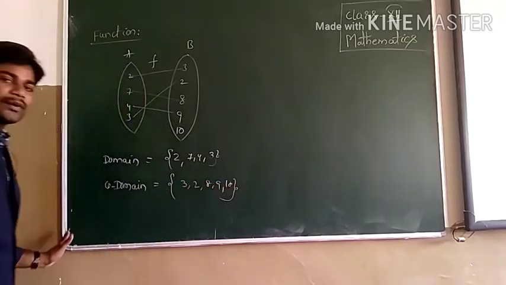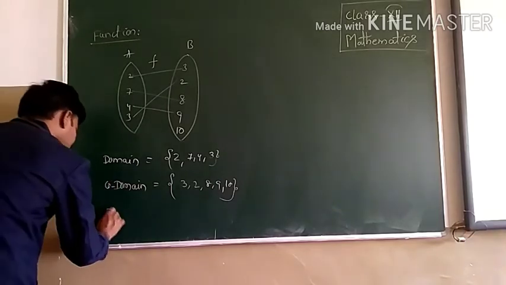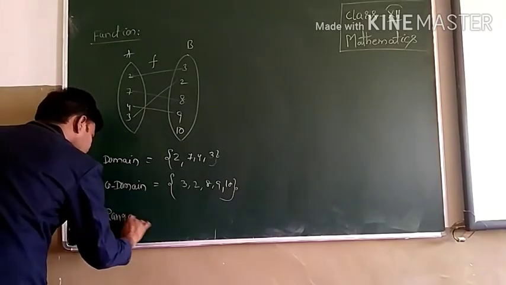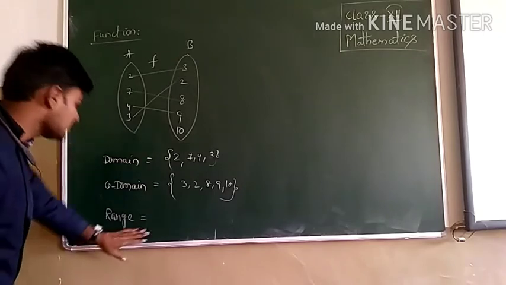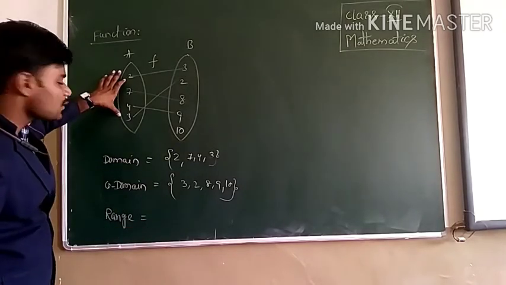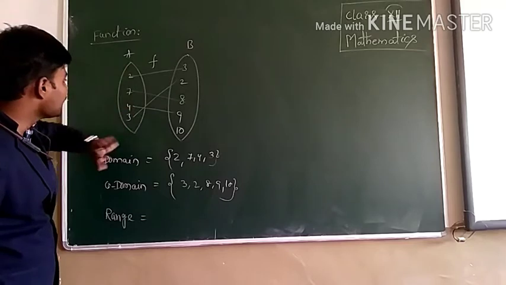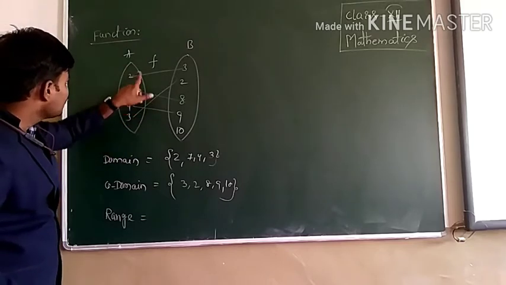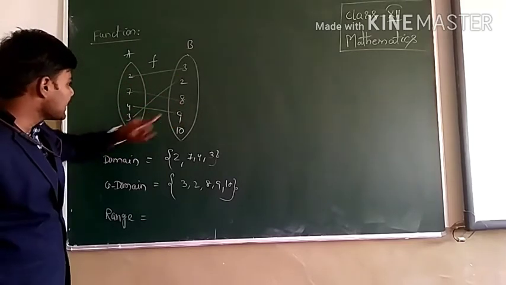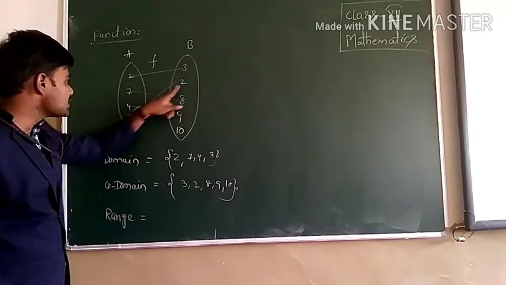And one more important point, the range of this function. I said that the range is all the images of elements of set A. So here 2's image is 3, 7's image is 8, 4's image is 9, 3's image is 2.